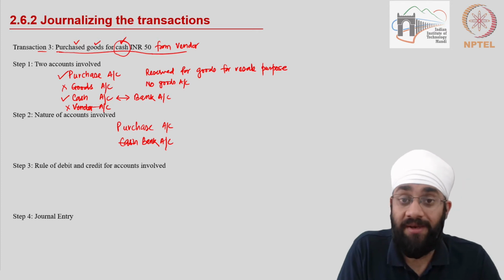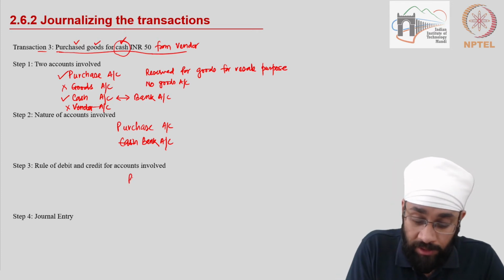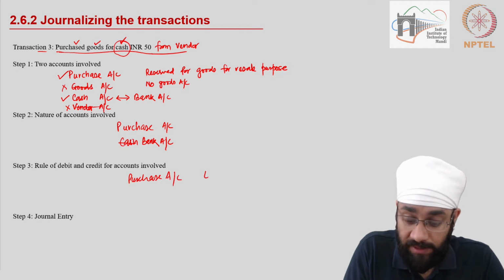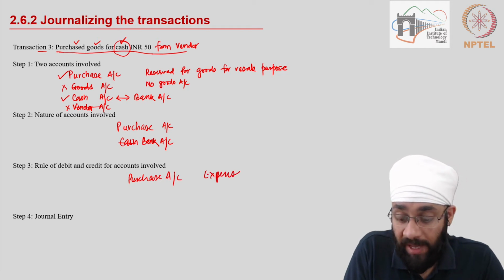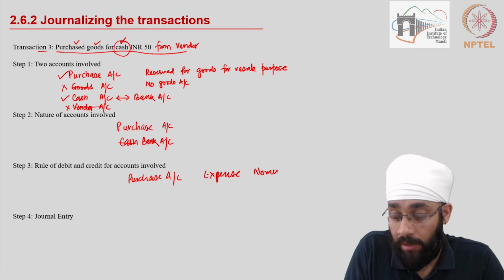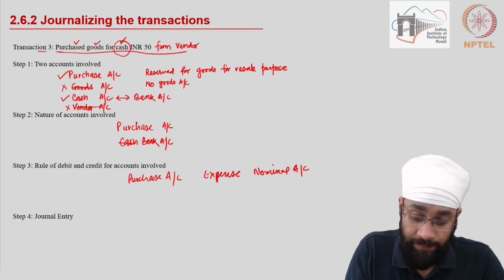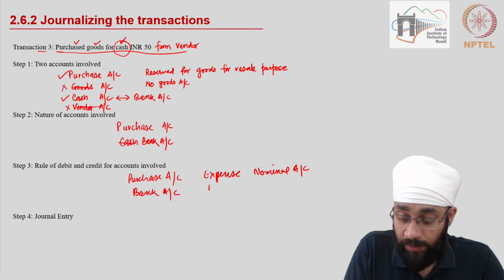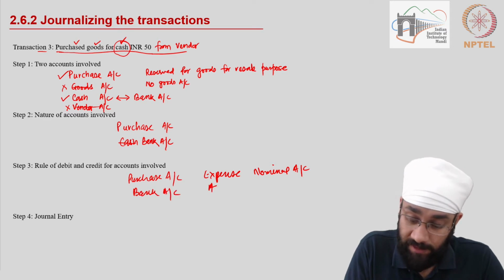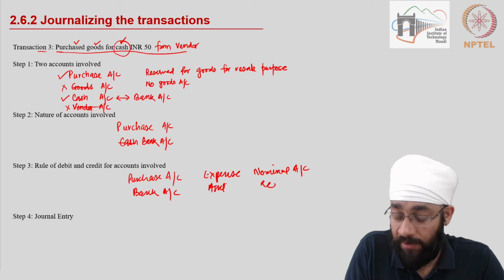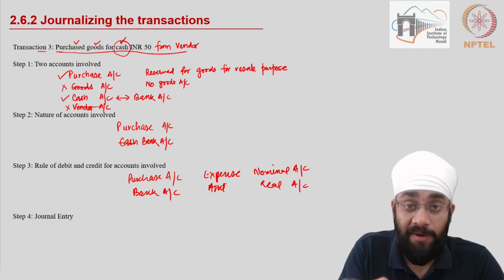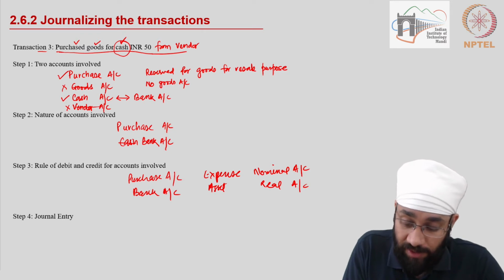All right, what is the nature of these two accounts? The purchase account is an expense and hence a nominal account. On the other hand, bank account, as we know, is an asset and hence a real account. Okay. Oh, I messed up a little bit. Don't mind that. So I should have written all of this in the section above.